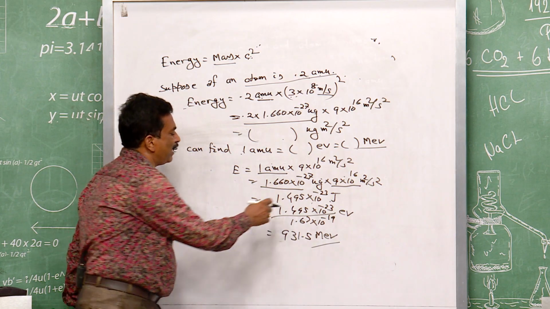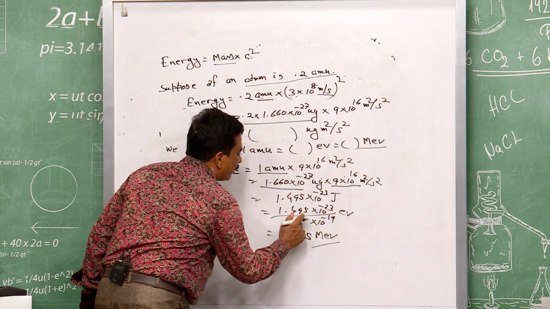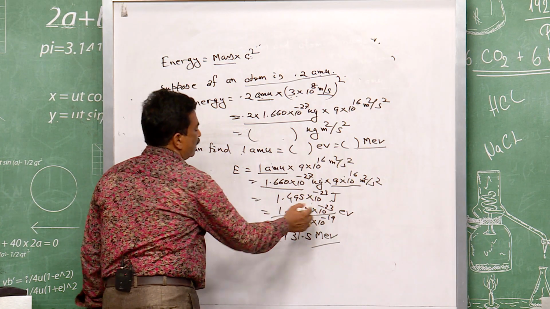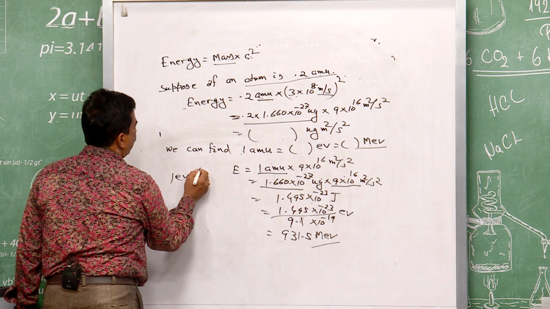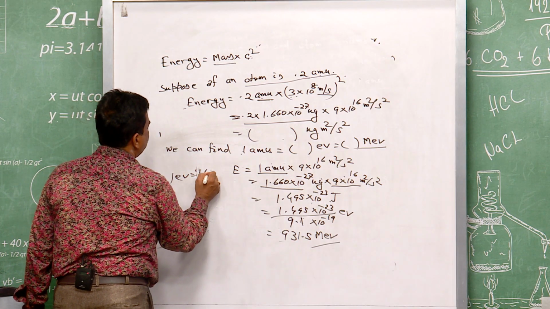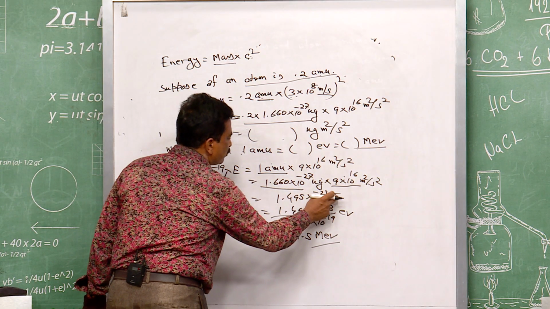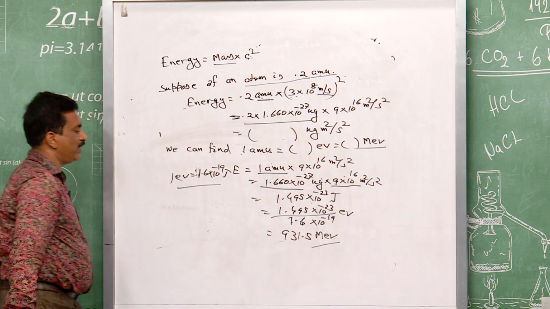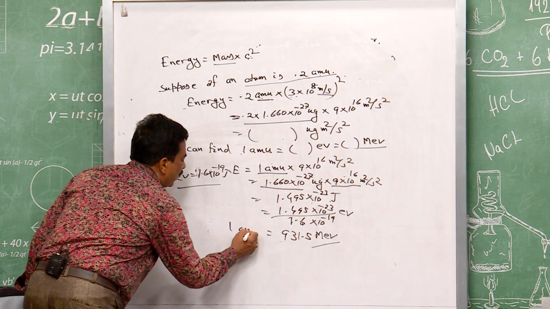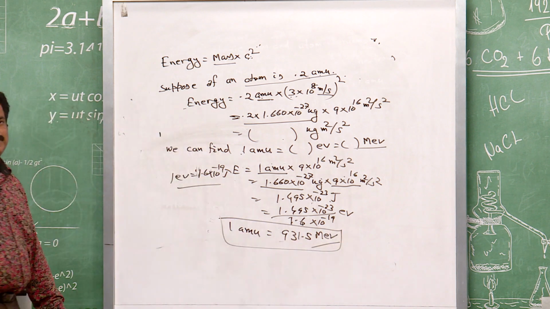We have divided by this much because 1 eV is equal to 1.6 into 10 to the power of minus 19 joule. So 1 amu is equal to this much.